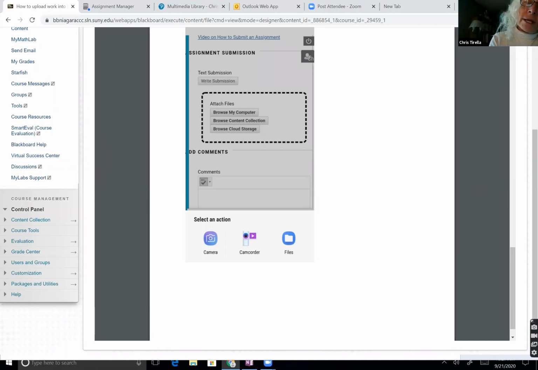And so I can use the stylus as a red pen and correct your document as if I were grading a test and write comments on it and everything else like that. Then when I put the grade in, it goes immediately into the Blackboard grade book. And once it's in the Blackboard grade book, I do believe that you can click on that document and see how I graded it. So it's like getting your paper back. Does that make sense?